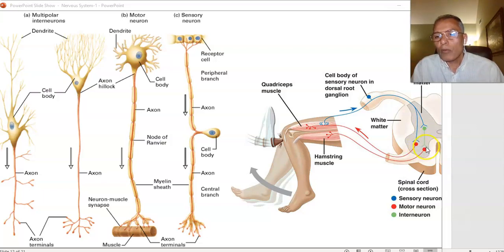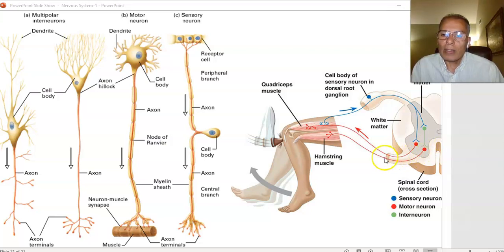From there, the signal travels to the synaptic terminals of the interneuron. From there, the synaptic terminals of the interneuron transmit the signal to the dendrites of the motor neuron.